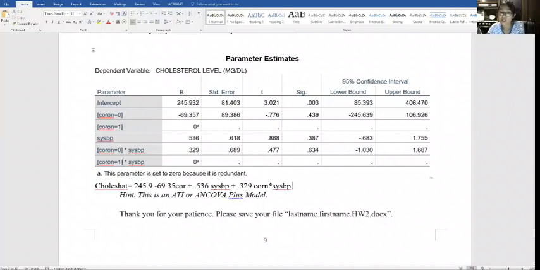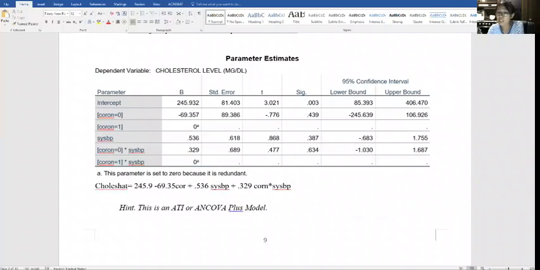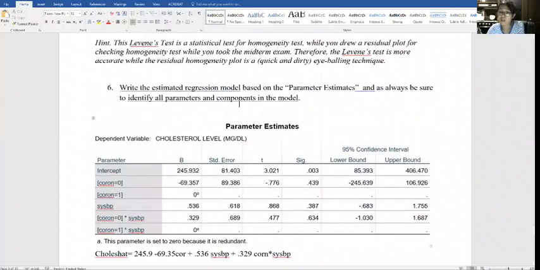So why does this interaction become 0? Because coronary incident 1 was 0, and whatever number is multiplied by 0 becomes 0. So you don't need to write it, right? So this is it. So you can write that, identify parameters and components, right?